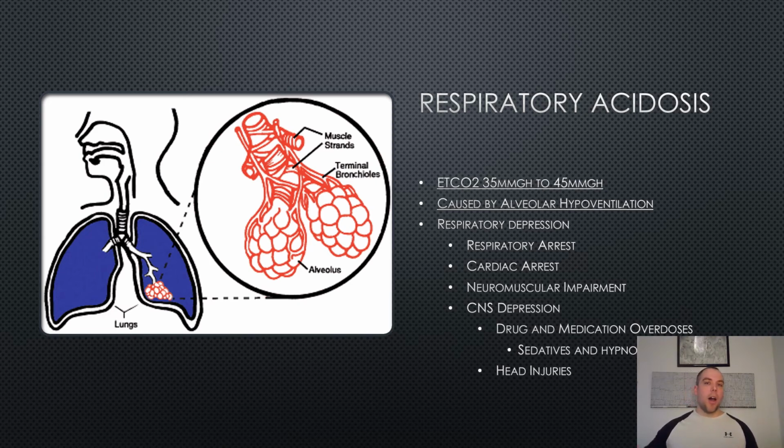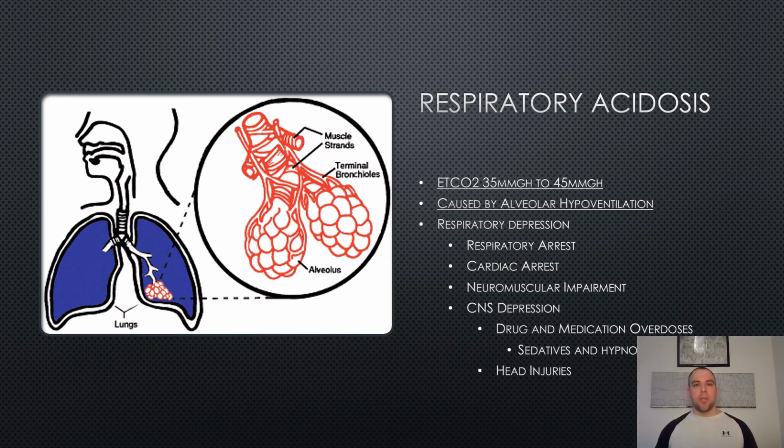EtCO2, as it goes higher, keep in mind what it's actually representing, end-tidal carbon dioxide. It means that there's even more carbon dioxide, which means there's even more hydrogen ions, which means you're even more acidotic, right? It's a direct reflection of metabolism. So the higher that EtCO2 goes, the more acidotic you are.